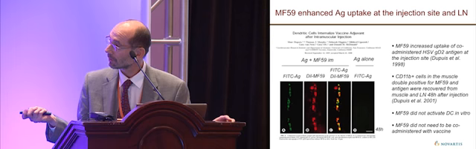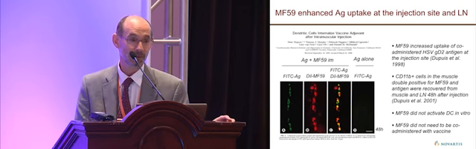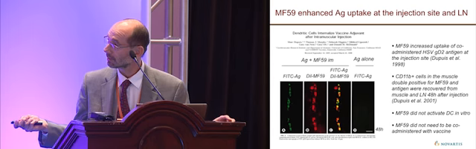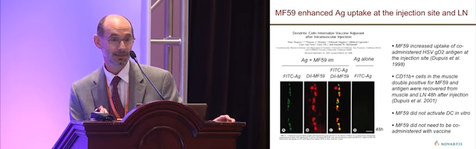If you look here at this panel versus that panel, you can see that in the presence of MF59, you see a lot of signal of a fluorescently tagged antigen in these cells, but you don't see it with the unadjuvanted form of the protein, clearly suggesting that by whatever mechanism, it's facilitating uptake of the antigen into the cells.